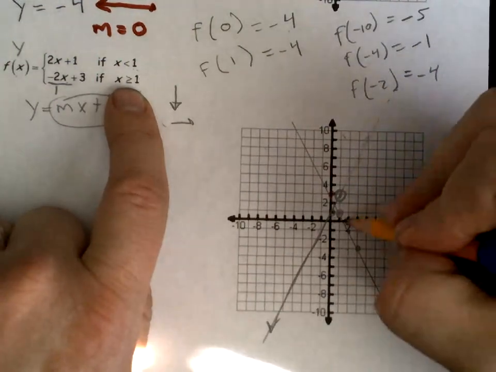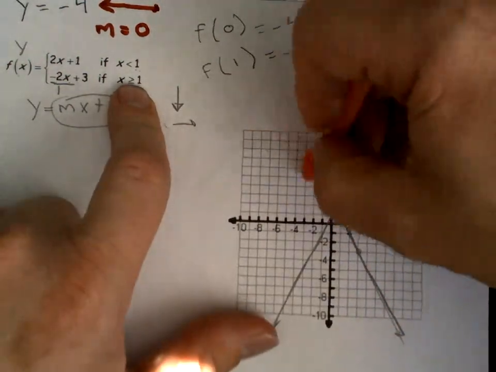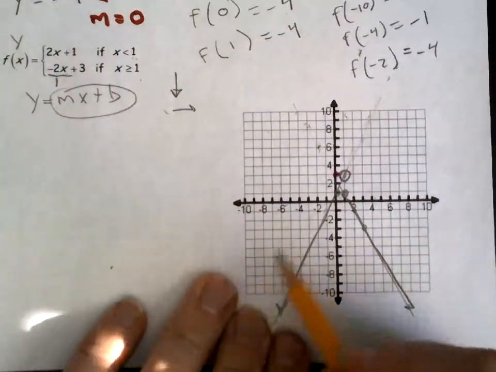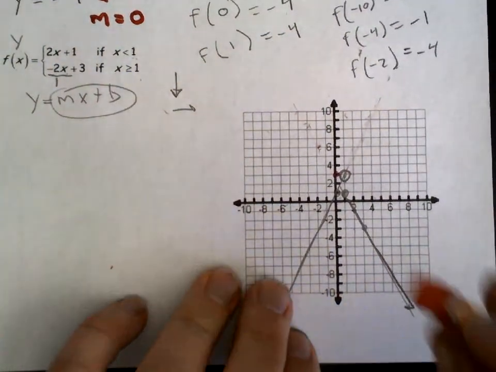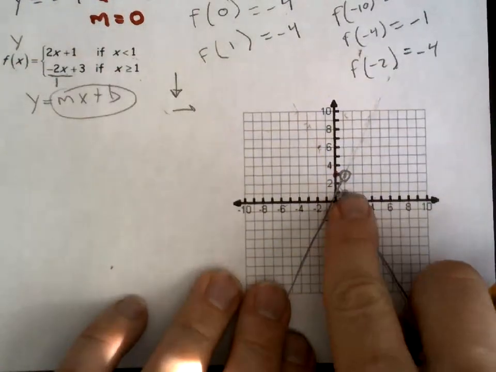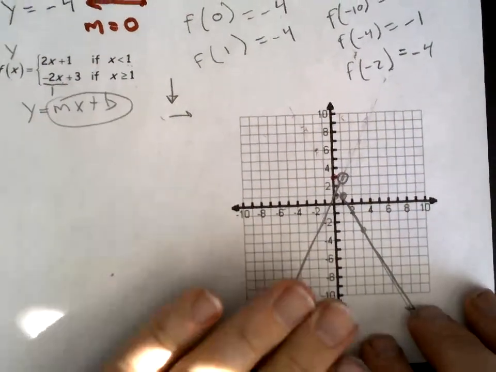And then I'm going to go this way. So what am I going to erase? I'm going to erase all this junk. So it looks like a V in a way, but it's not really a V because this is connected right here. This is connected, if you want to zoom in there. All right. That's kind of the way you do it.